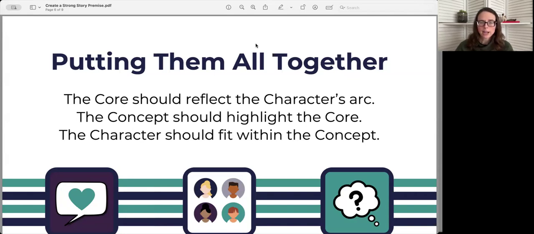The concept should highlight the core in some way. You don't want to just pick some random concept for which the core has no meaning. And the character has to fit within the concept that you've created. It would make no sense to have some character that doesn't fit within this scenario that you've created to tell the story.